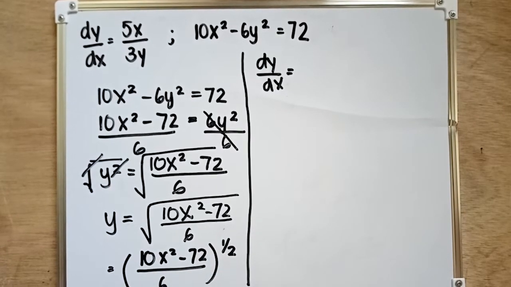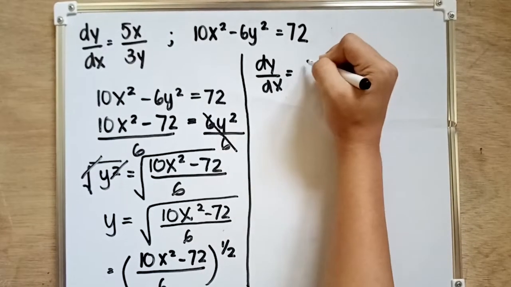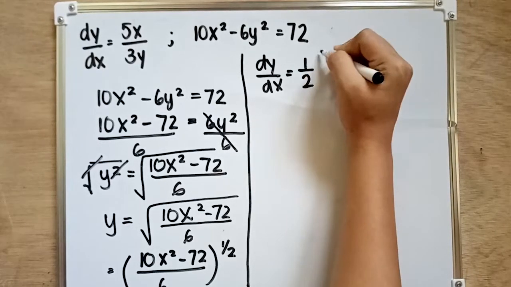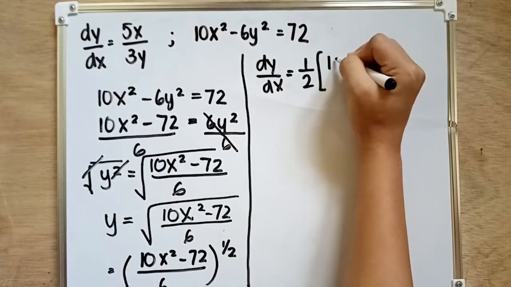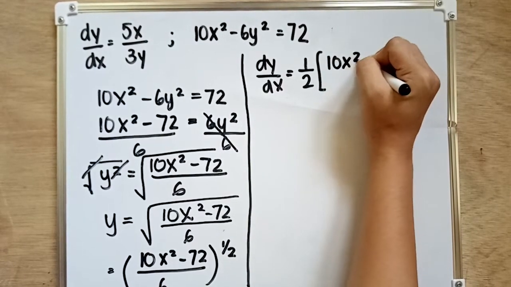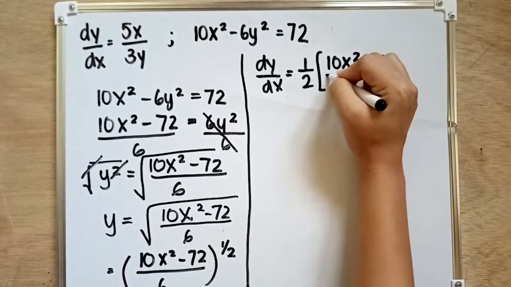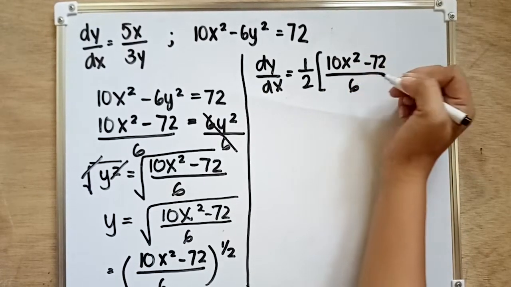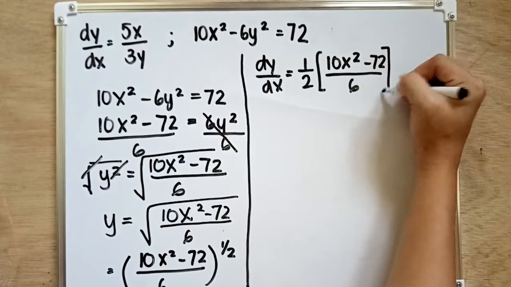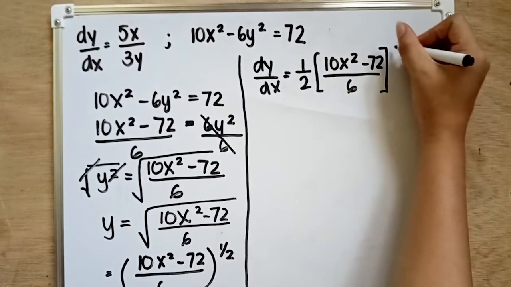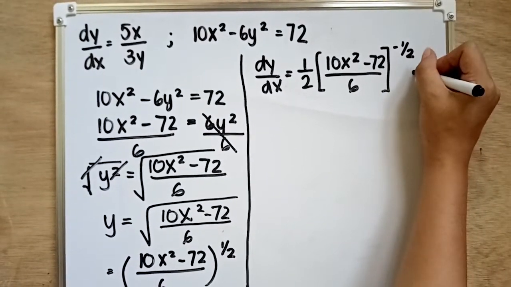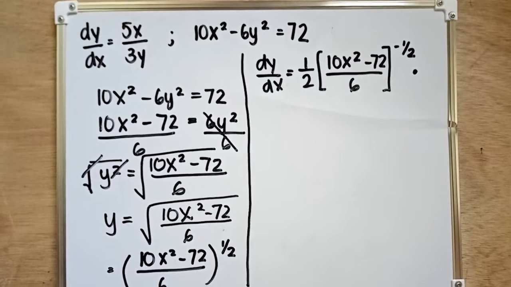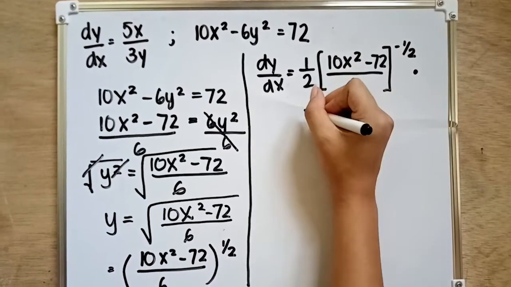Then, pwede natin i-apply ang power rule para makuha natin ang derivative. Magiging 1/2 times the 10x squared minus 72 over 6. Then, 1/2 minus 1 is negative 1/2 times the derivative of 10x squared minus 72 over 6.